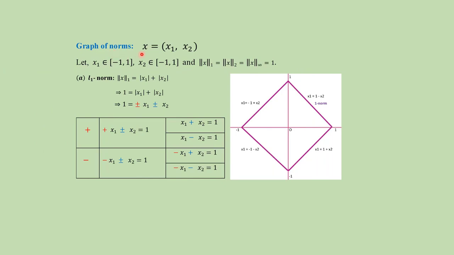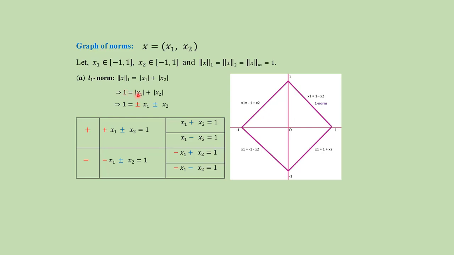Sketching different types of norms. Suppose the vector x has two components, x1 and x2. And let x1 vary from -1 to +1 and x2 also vary from -1 to +1. We also assume that the L1, L2 and L infinity norm of the vector x is 1. Now, the L1 norm of x is the absolute value of x1 plus the absolute value of x2. And this value is 1.